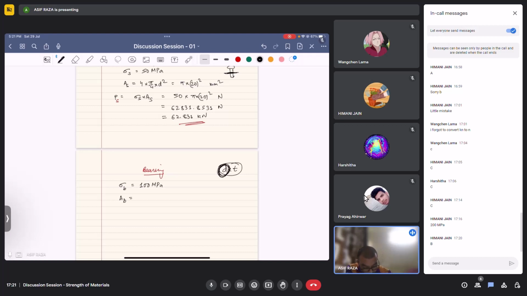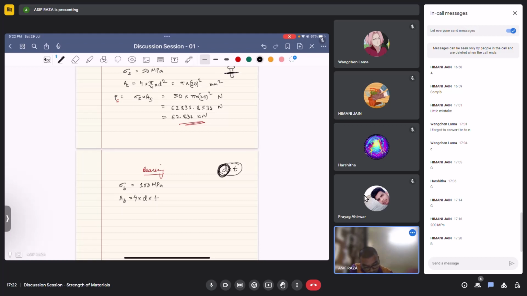So this is d times t, and since 4 rivets are involved, it would be 4 times d times t.